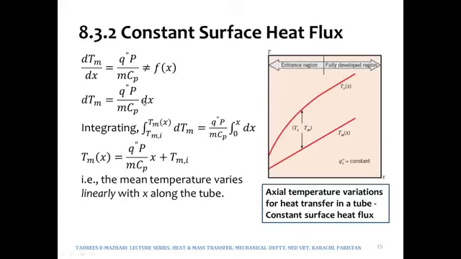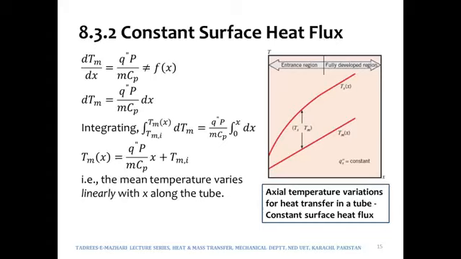Now if we take this dx on the other side, and then integrate both the left hand side and the right hand side, so integral of dTm from Tmi to some Tmx. Tmi means the mean temperature of the fluid at the initial location, or the point where the fluid enters the pipe.